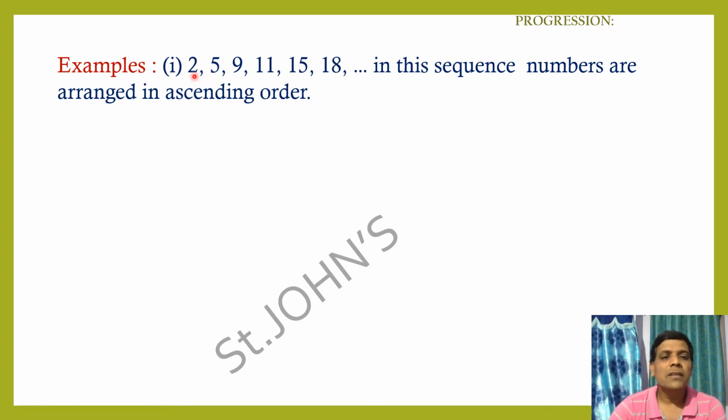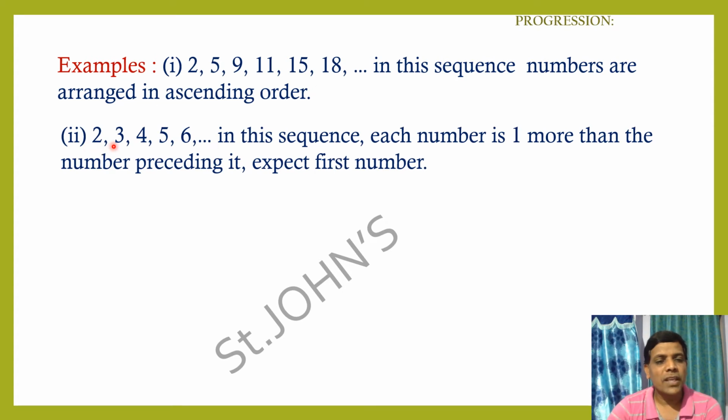Look, the first one is 2, the second number is 5. The difference between 2 and 5 is 3, 5 and 9, 4, 9 and 11, 2, 11 and 15, 4, 15 and 18, 3. But the difference is not equal, and this is the ascending order. Very clear? Next one.